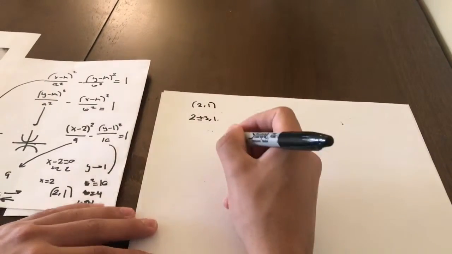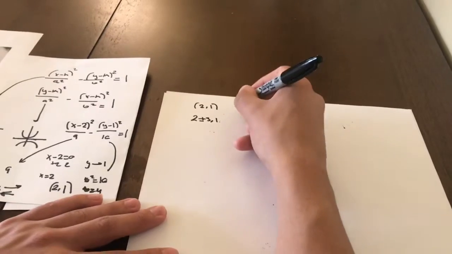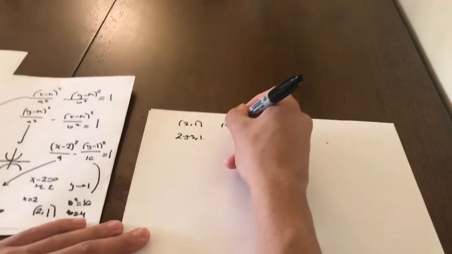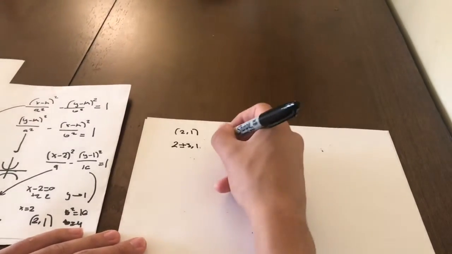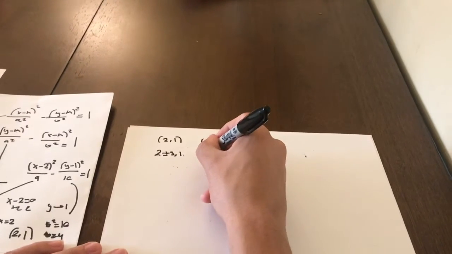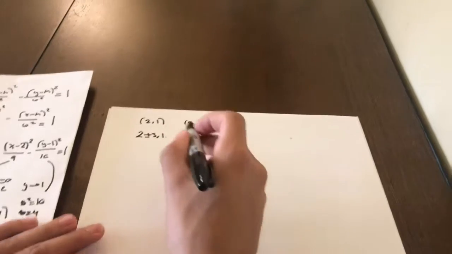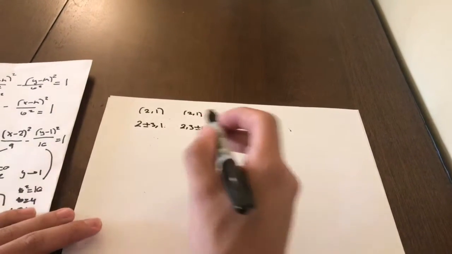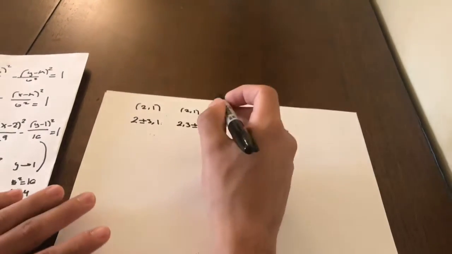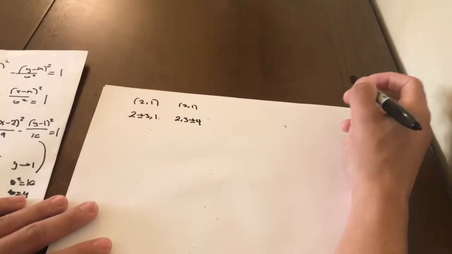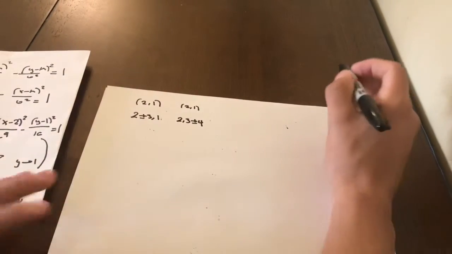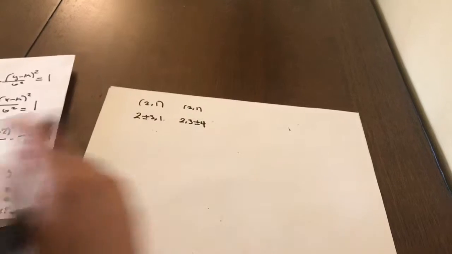And that's for your a. For your y, you do the same thing, but it's a little bit different. Use your center again, 2, 1 plus or minus 4. These two vertices will make your graph more accurate, and they give you the information where to plot your points, which is very important. So now we're going to find our asymptotes.